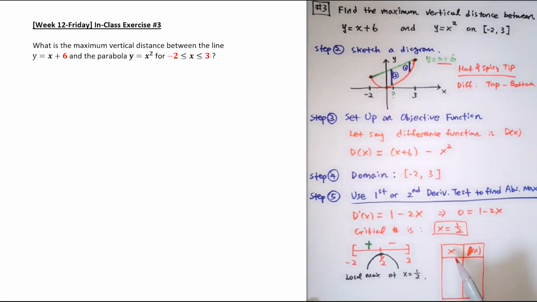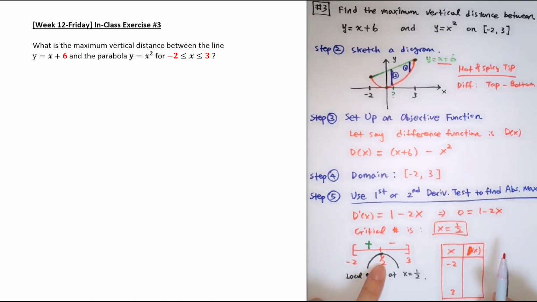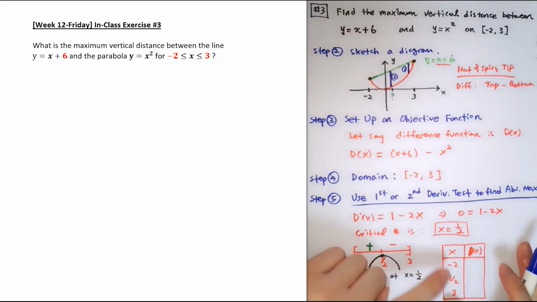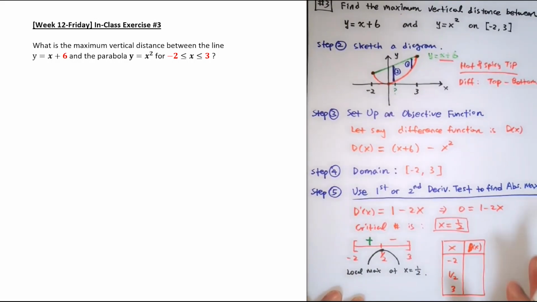Like this, everyone. And then put the endpoints, -2 and 3. And in between these two endpoints, we plug the critical number, 1/2. Plug these numbers into our original D of x, and our corresponding y values at the endpoints become 0 and 0.